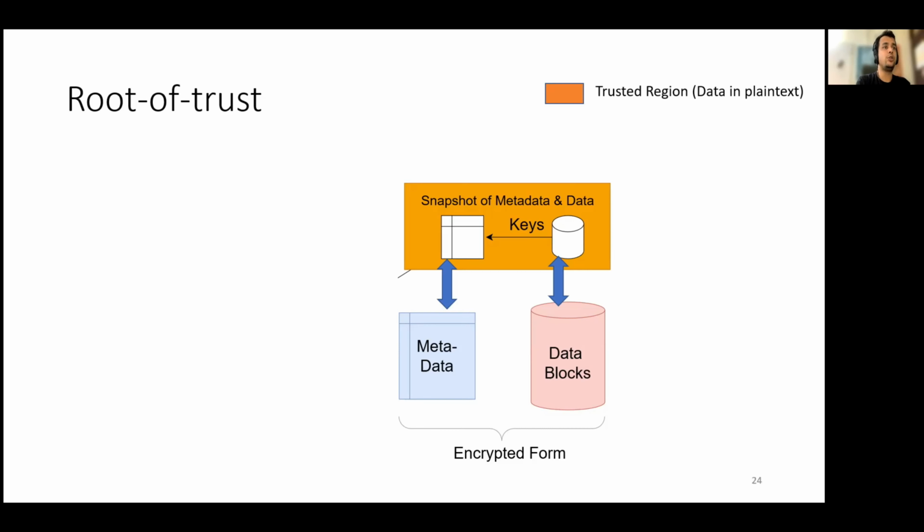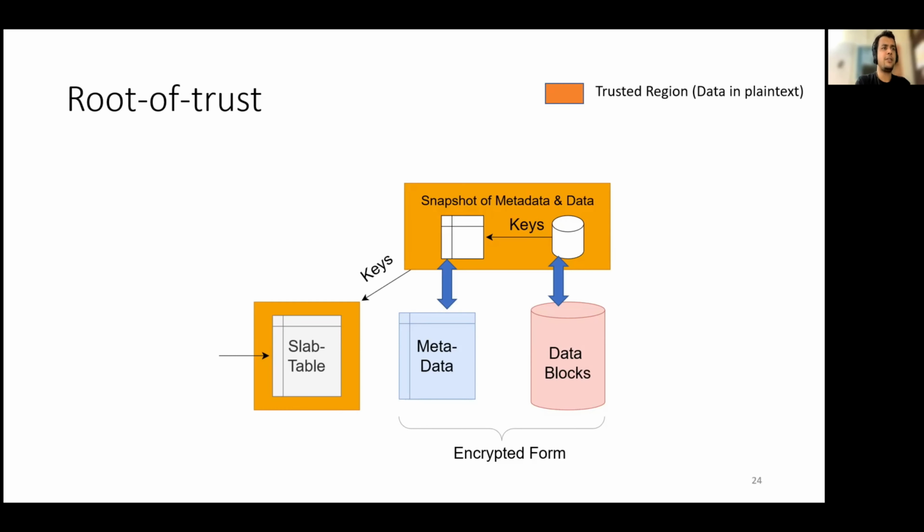However, we do need a root of trust. To solve this issue and the replay attack, we enable evictions of a portion of the metadata to disk. Following the same procedure as data, we divide the metadata into fixed size blocks, which we call slabs. The eviction procedure is the same as for the data blocks.